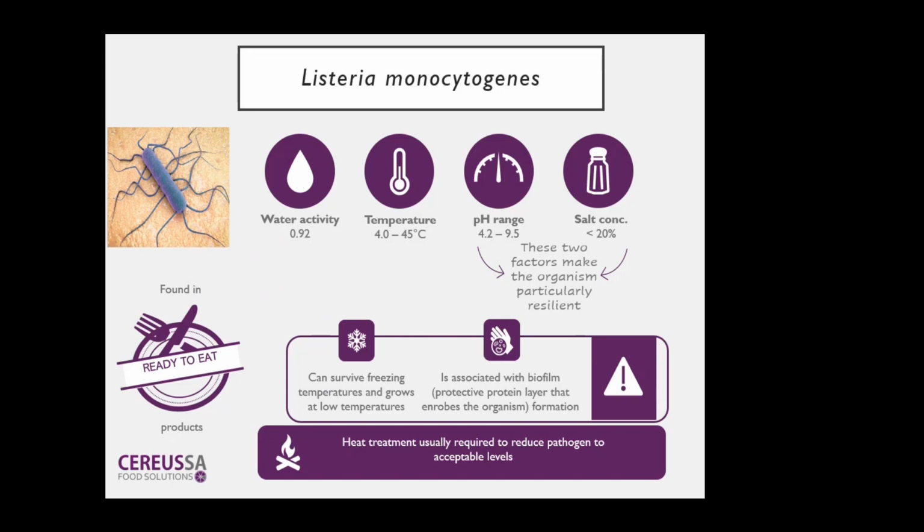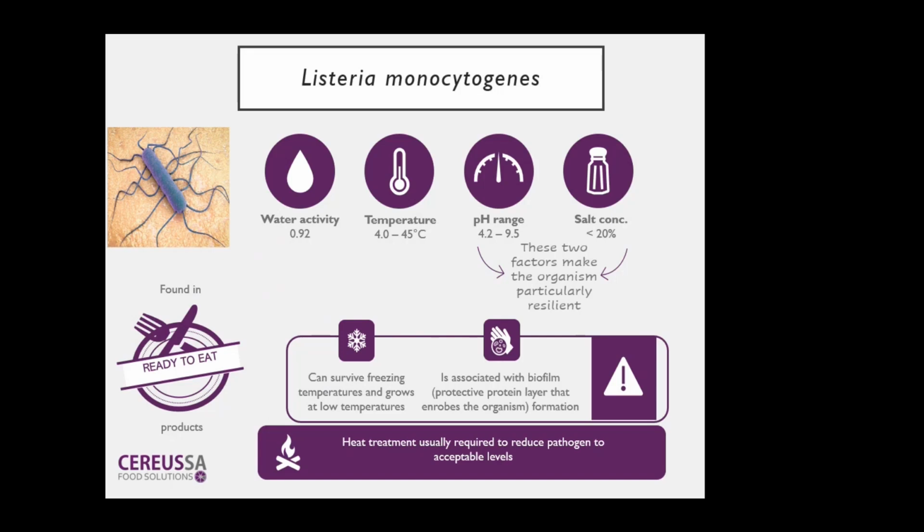Now, Listeria is a microorganism that needs quite a lot of water activity to be able to grow. So it has a 0.92 water activity. So it will grow in foodstuffs that are quite moist. Their optimal temperature range is between 4 and 45 degrees Celsius, so they would be classified as mesophiles.